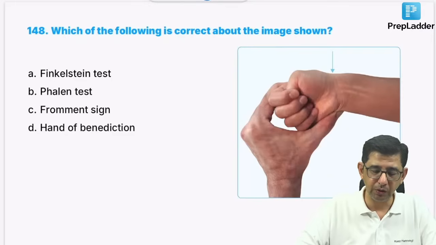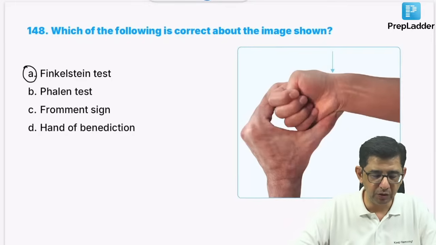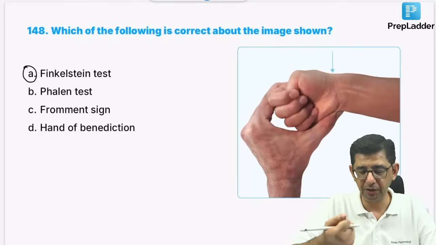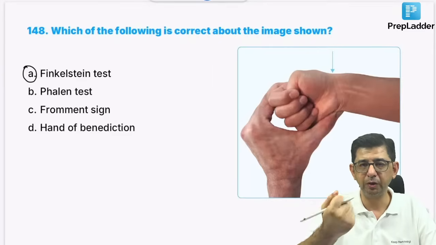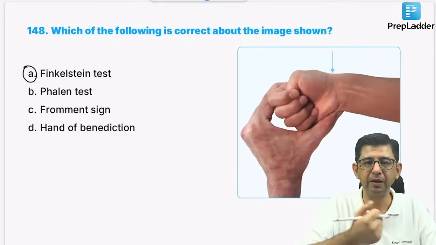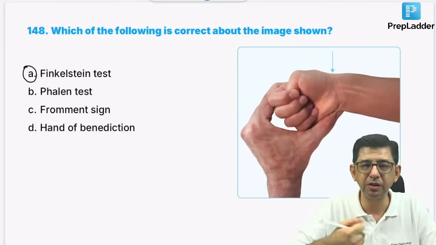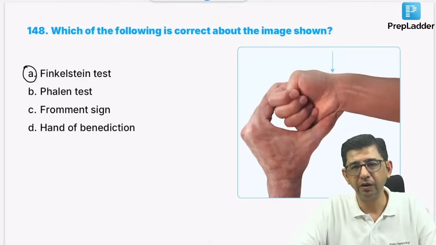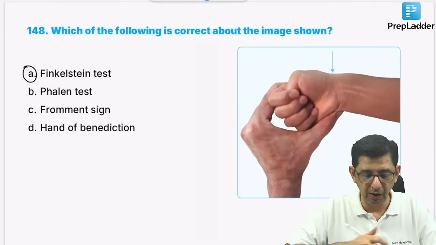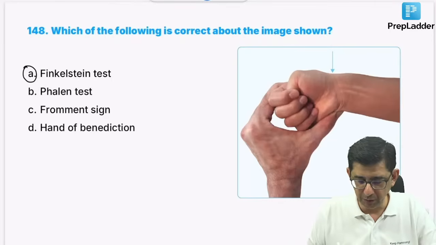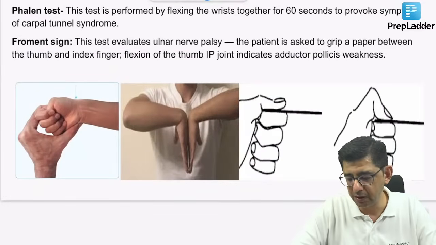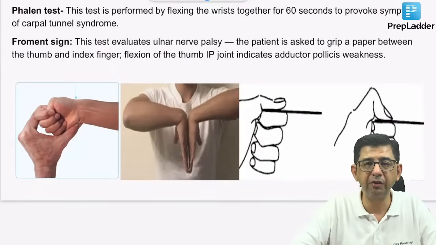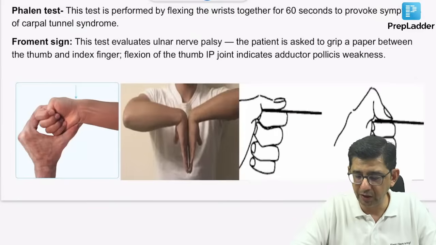Yes. So the answer in this case is de Quervain tenosynovitis, where the patient has a severe amount of pain when you ask him to do a simple ulnar deviation, a medial shift of the wrist joint. I'll just show images for the remaining three facts: one is de Quervain tenosynovitis, then is Phelan sign, and then is Froment sign, which is done to evaluate ulnar nerve palsy in a patient.